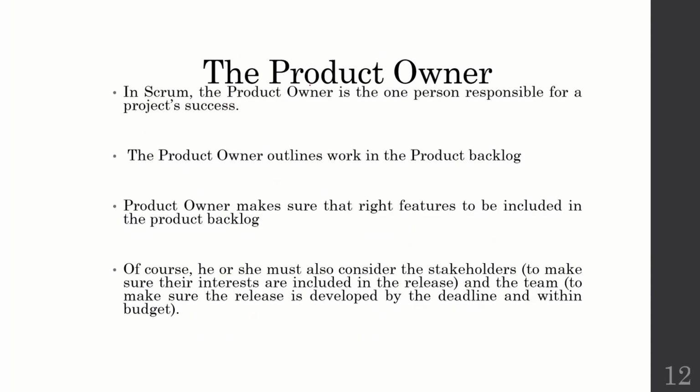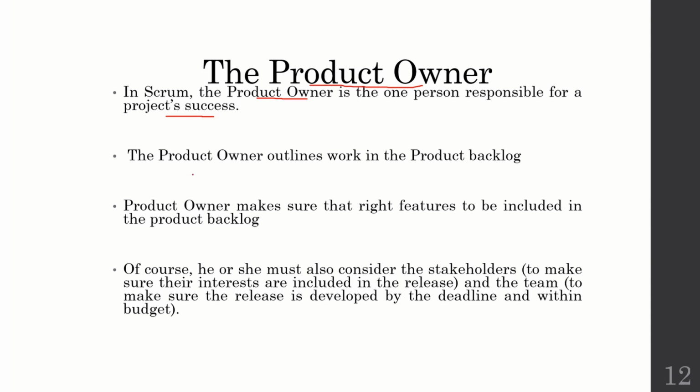Now finally, we have the product owner role. In Scrum, the product owner is the person who is basically responsible for a project's success. You can think of him as a person who is putting all the requirements in the context of software development, like a customer or the stakeholder.